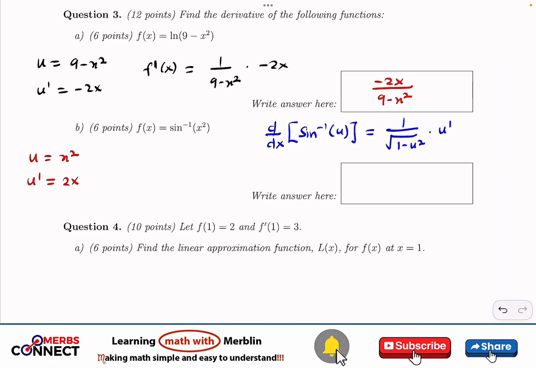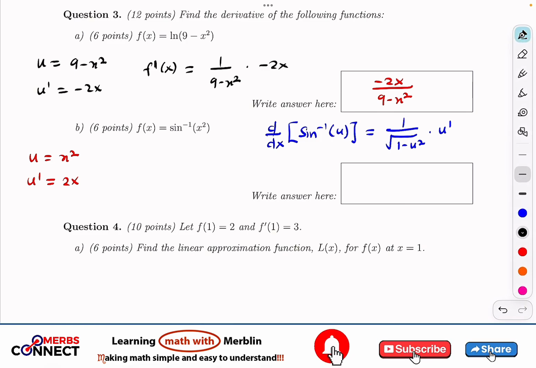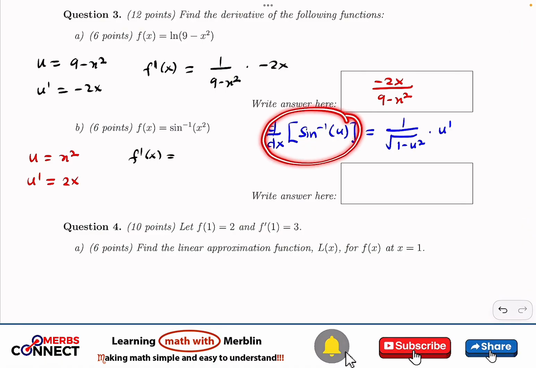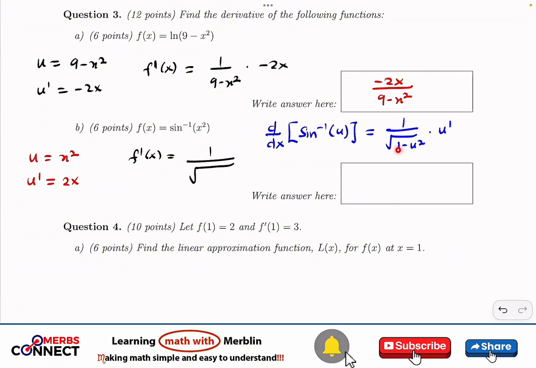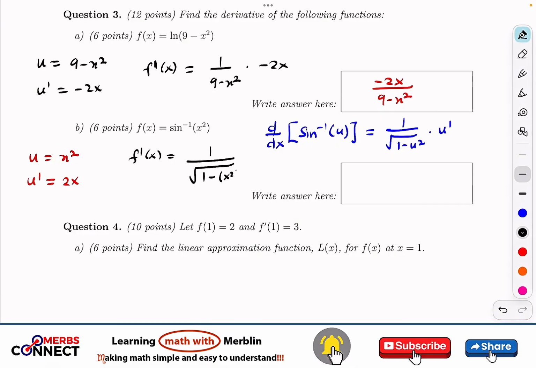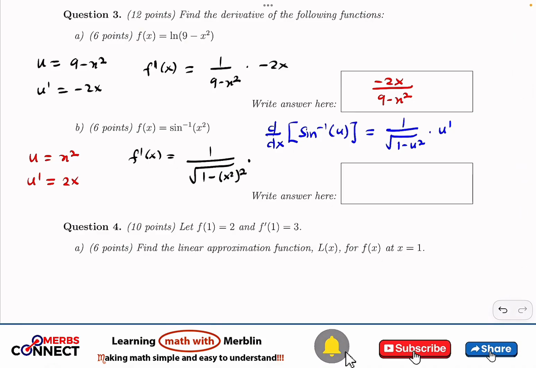So think about f prime here. F prime of x, which is the same as differentiating this, will be equal to 1 divided by square root of, now don't forget, 1 minus u squared. But what is u? U is x squared. So this is going to be 1 minus x squared squared times u prime, which is 2x.